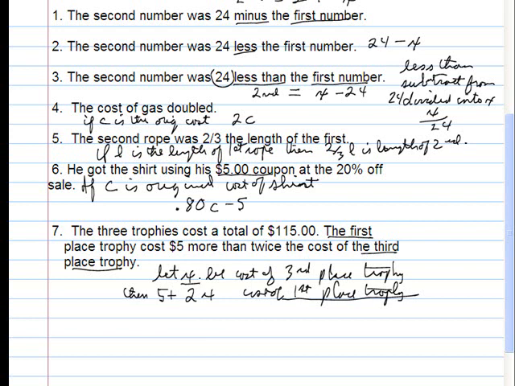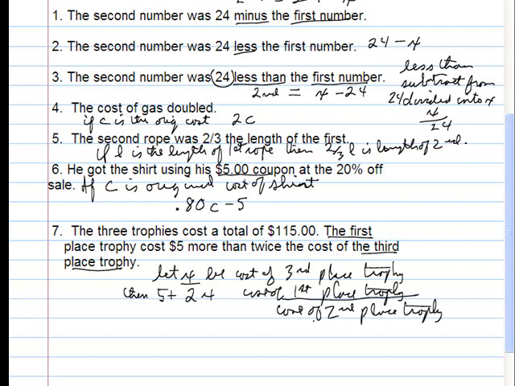So here we have the cost of the first place trophy. Here is the cost of the third place trophy. What would be the cost, I'll put it in the same relative position, of the second place trophy?